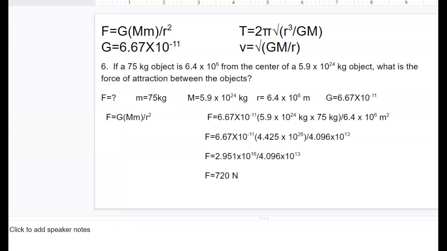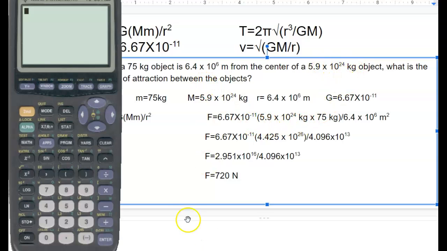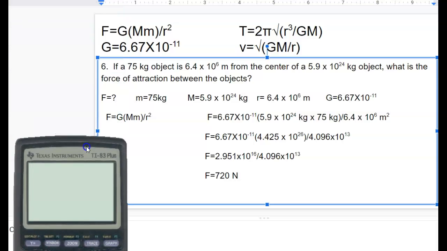Final question on this. If a 75 kilogram object is 6.4 times 10 to the 6 meters, this should be meters, from the center of a 5.9 times 10 to the 24th kilogram object, what is the force of attraction between the objects? So we're going to use the same force equation, and we're going to solve for the force.